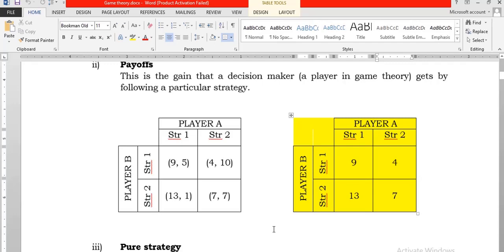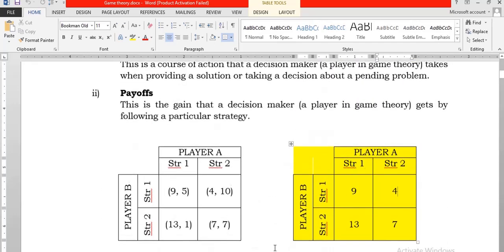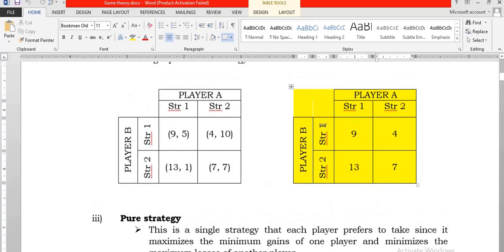In that context, I'll take you now to the strategies. The fact that there is a need for you to win as a person solving the game theory, you need to look at the strategies. So when you look at strategy here, we talked of strategy 1 and strategy 2. There's a possibility that player B and player A may use only one of the strategies and ignore the other.